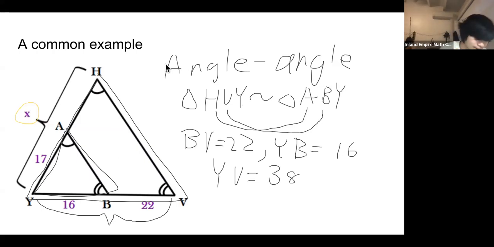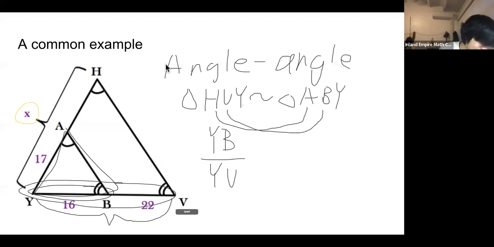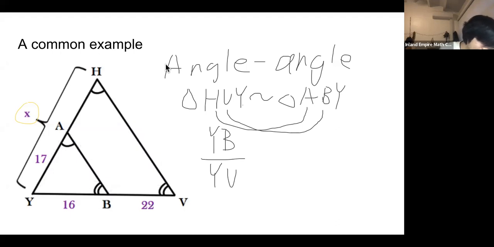And remember how we know that the ratios between the side lengths are the same? So that means that in this case, we get that YB over YV, this length over this bigger length, because we remember that these two triangles are similar, the bigger and the smaller one, equals AY over HY.